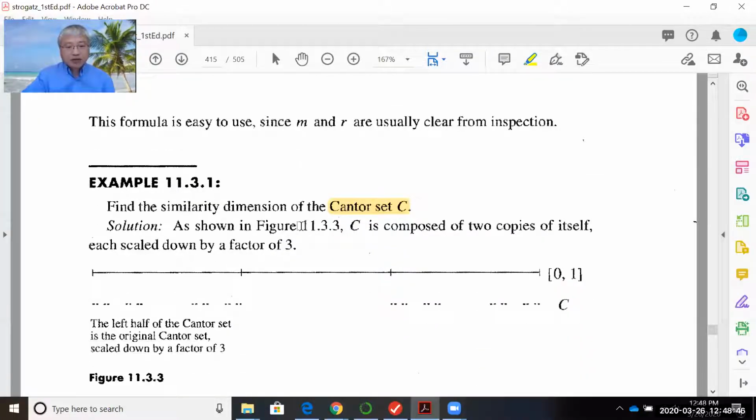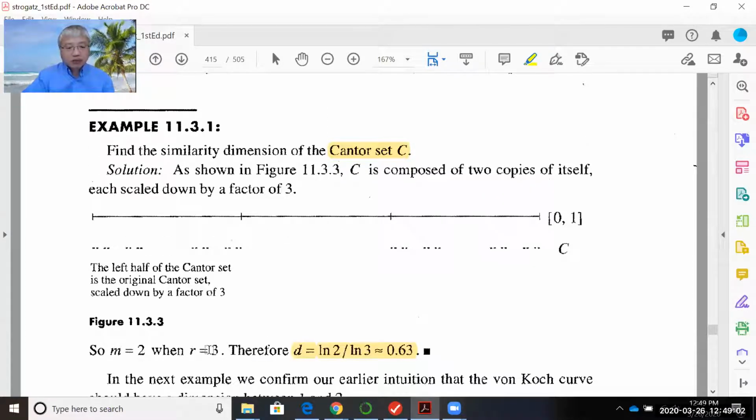Now using this, let's measure the Cantor set. The Cantor set: we have a segment which is 1. We reduce the scale by a factor of 3, eliminating the middle third, so we are left with 2 objects. So according to our self-similarity dimension definition, the Cantor set has a dimension of log 2 over log 3.